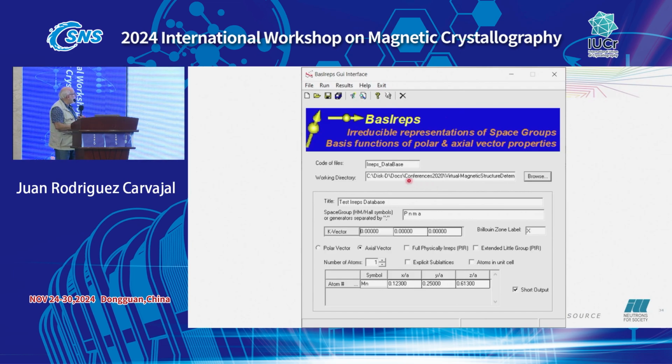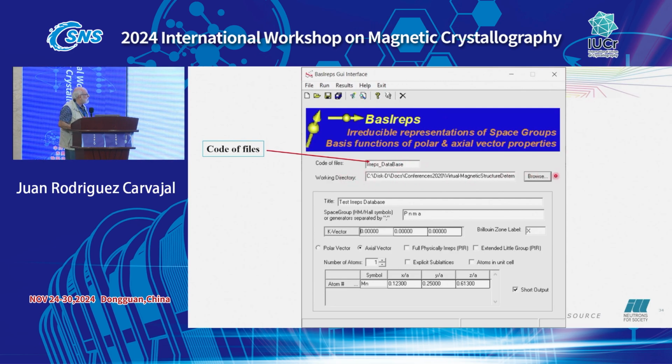For entering data in BasIreps, in principle you have to fill only this part here. You have to provide a code for the files. Here, I don't know what I have put, but anyway, it doesn't matter.